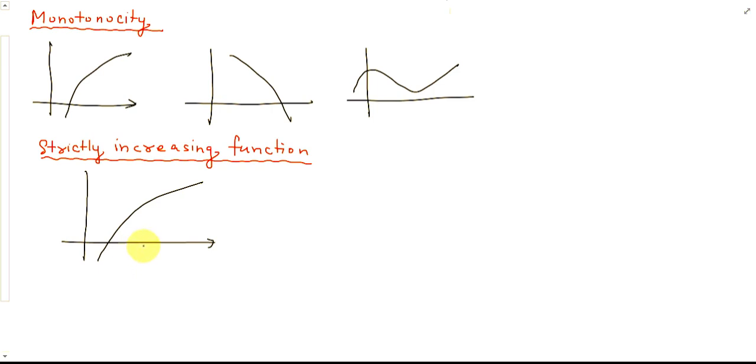Let's take 2 points on the x-axis. Suppose this point is x1 and this point is x2, and the corresponding values on the y-axis. For x1 it is f of x1, and for x2 it is f of x2.